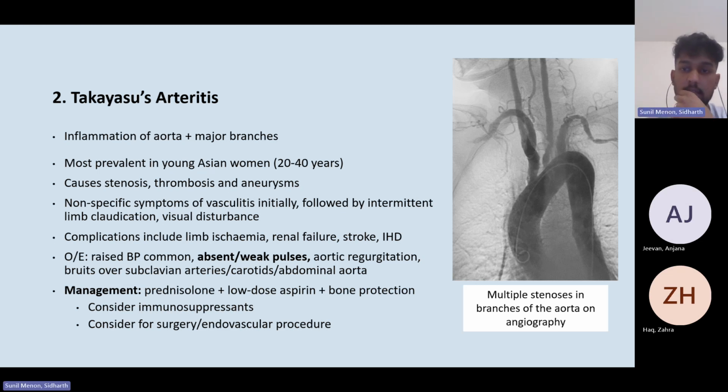It's more common in Asian women. You can get a carotid bruit on examination, and weak peripheral pulses. You get upper and lower limb claudication, usually on exertion. You get hypertension. Aortic regurgitation is common, in about 20%. It's associated with renal artery stenosis, which is a common exam question.